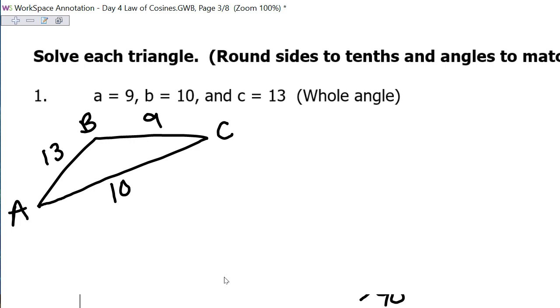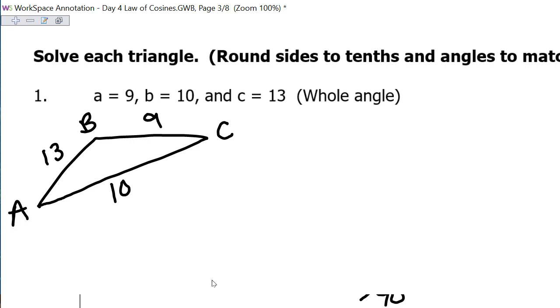And fill that in on our answer blank. Okay, we need to solve for angle A, angle B, and angle C.